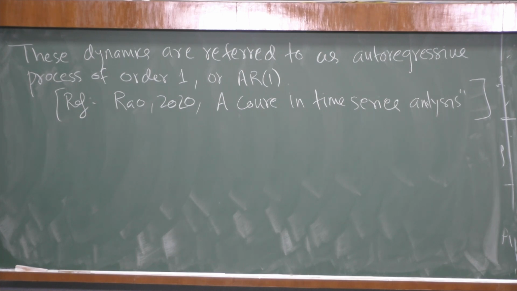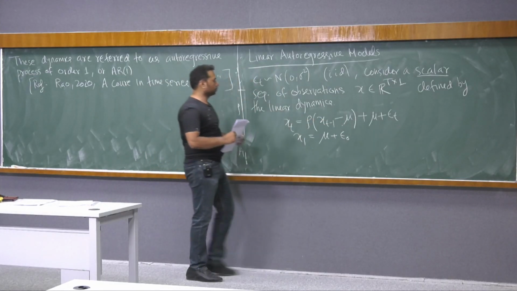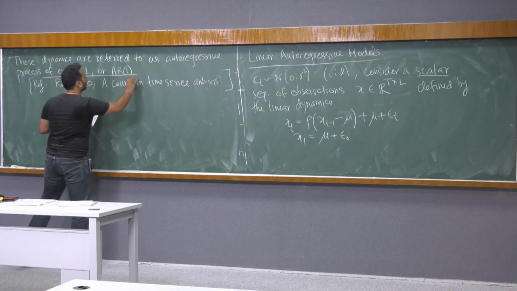So this is AR1, then we can think of ARP in general. In the P I will have P previous terms basically. In AR1 we have xt depending only on one previous term, which is xt minus 1.